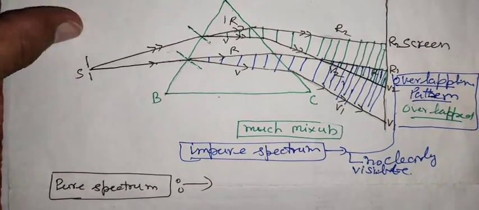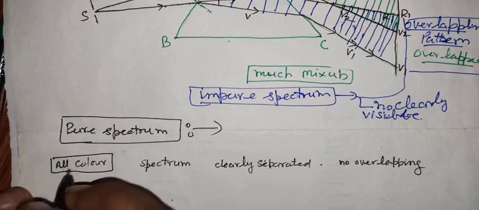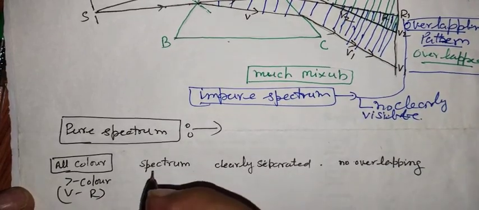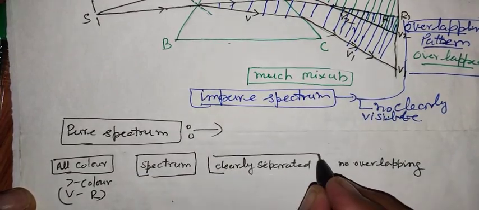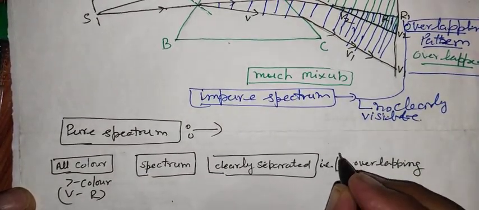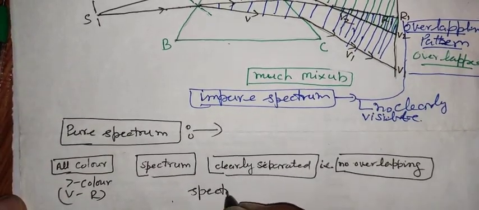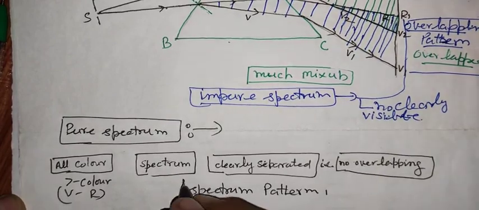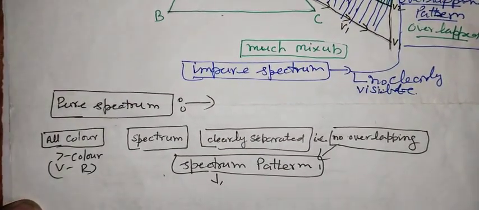The pure spectrum is when all these colors, meaning 7 colors from violet to red, in the spectrum are seen clearly separated, with no overlapping, then this spectrum pattern is called pure spectrum.